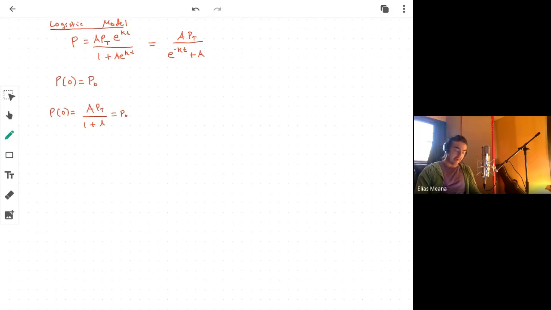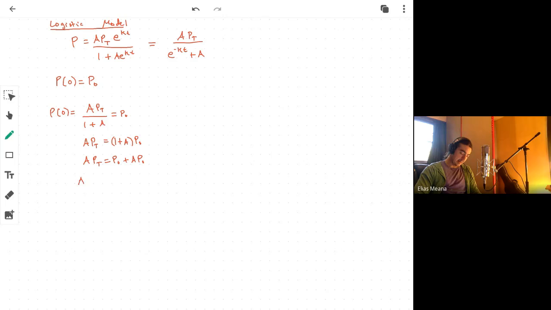Well, here we're going to find A. So we get A P_T equals 1 plus A times P_0, which is just a constant. We're going to try and isolate A. So we have A P_T equals P_0 plus A P_0, and then we're going to get our A terms on one side.